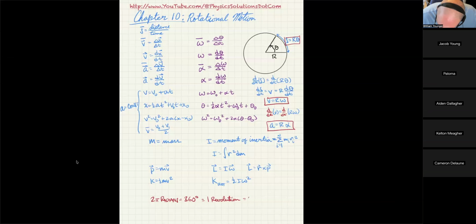And it's also equal to 1 cycle. Those are sort of things that we use interchangeably. I should also mention that 1 arc second or 1 arc minute is equal to 1/60th of a degree, which also means that 60 arc minutes is equal to 1 degree.